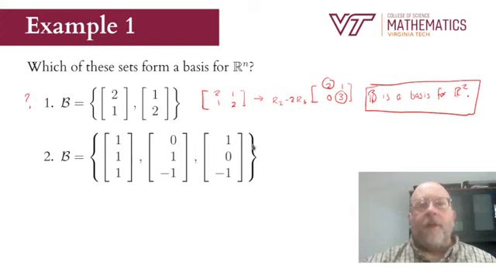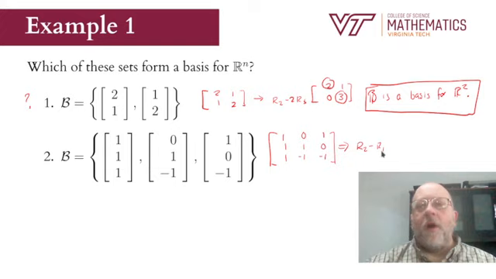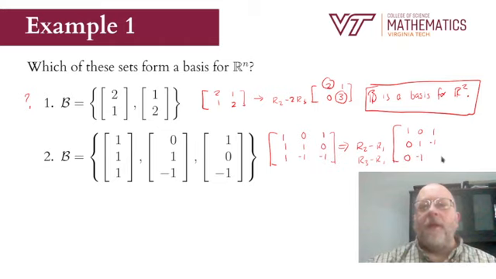So let's look at this one here. 1, 1, 1 in the first column, 0, 1, negative 1 in the second column, 1, 0, negative 1 in the third column. So let's try a couple things. Row 2 minus row 1 and row 3 minus row 1. 1, 0, 1, 0, 1, negative 1, because we're subtracting the row above it, and 0, negative 1, negative 1 minus 1 is negative 2.